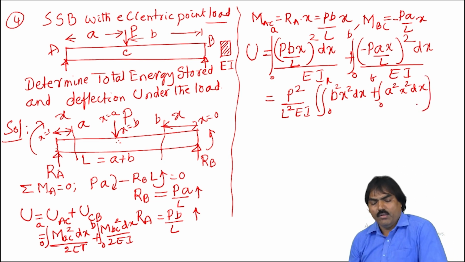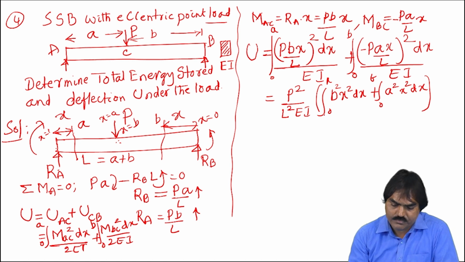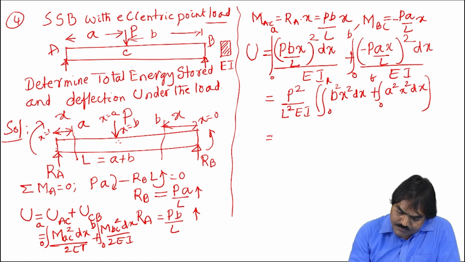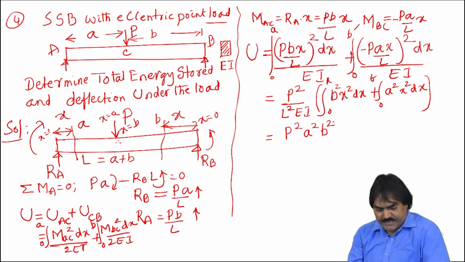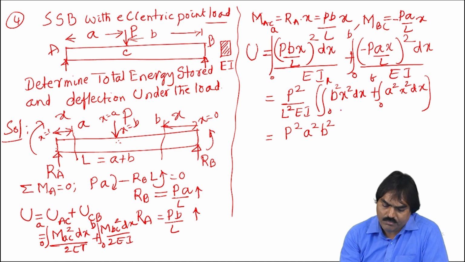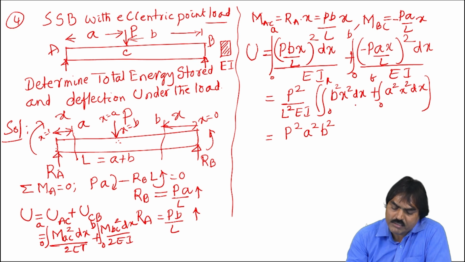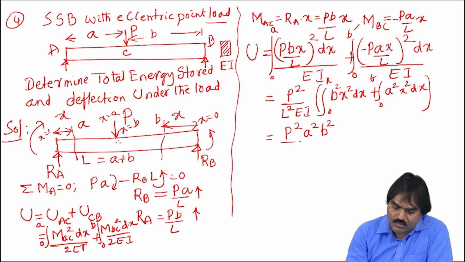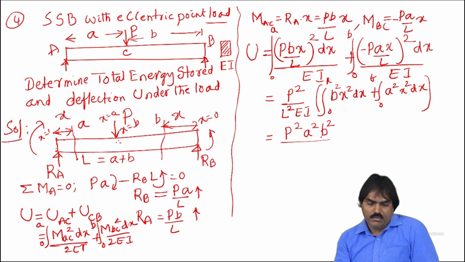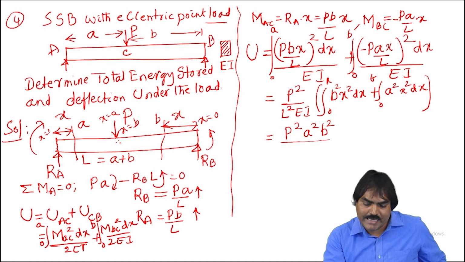If you carry out this, you will get P square a square b square by, see here, x square integration becomes x cube by 3.